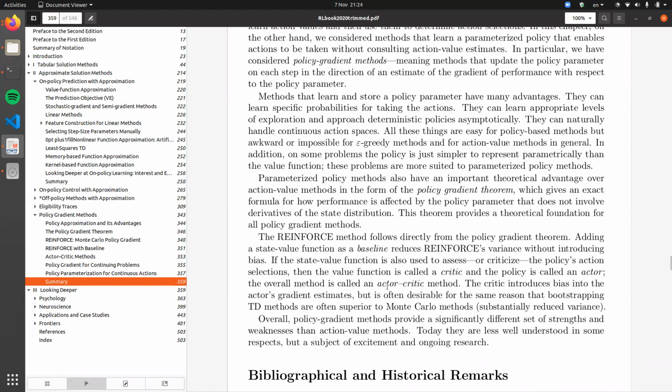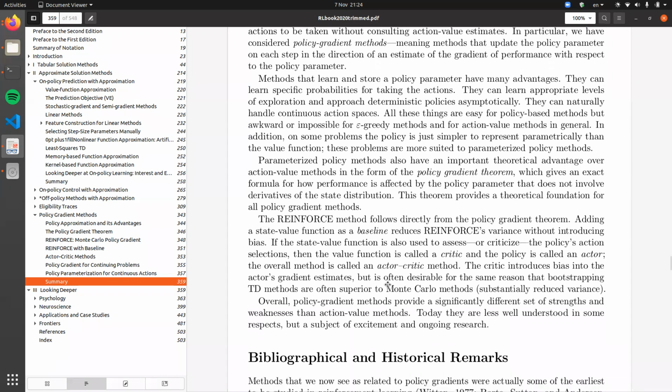And in some cases, it is just simpler to learn a policy directly than trying to approximate the value function. So for different kinds of environments, it can be the case that a policy is easier to learn, or a value function is easier to learn.